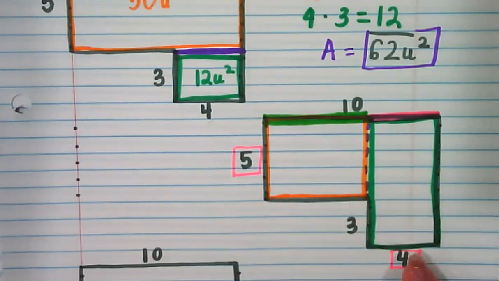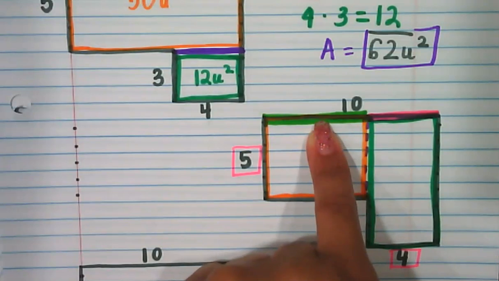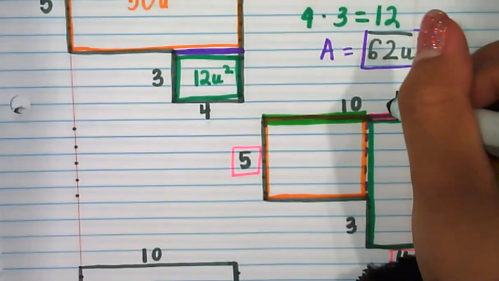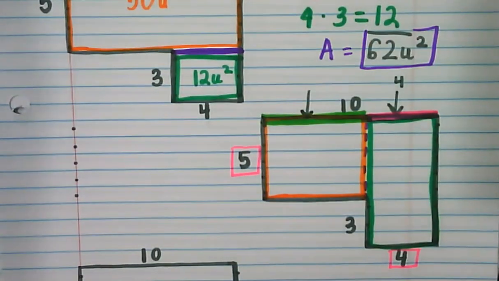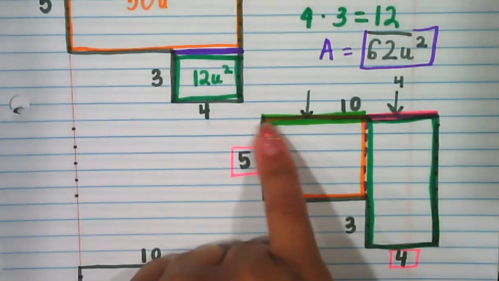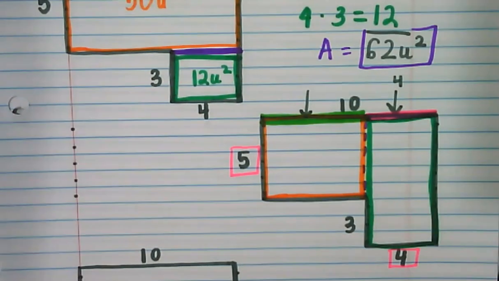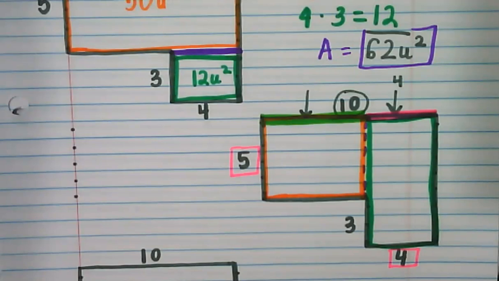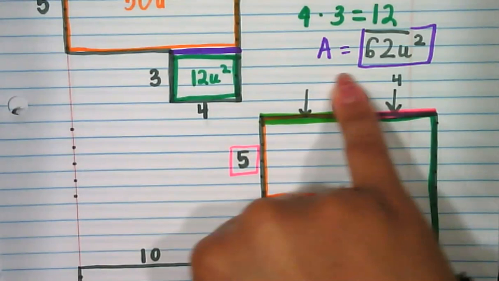So if I know this length is 4, what would this length have to be? So let's write that down. I know that this here is 4, so what would this length have to be? So let's talk about it again. We know that this length plus this length has to add up to give me a sum of 10. So what plus 4 is equal to 10?